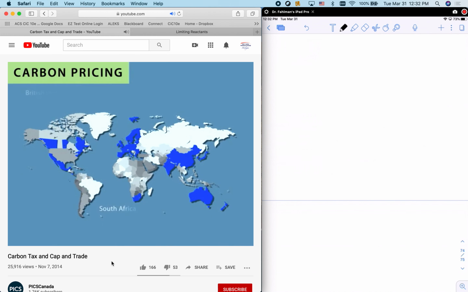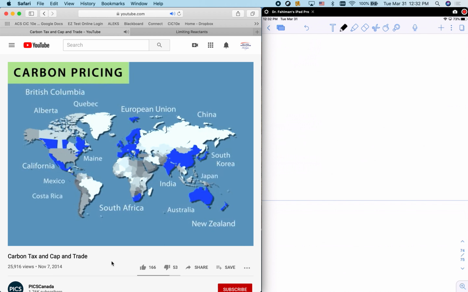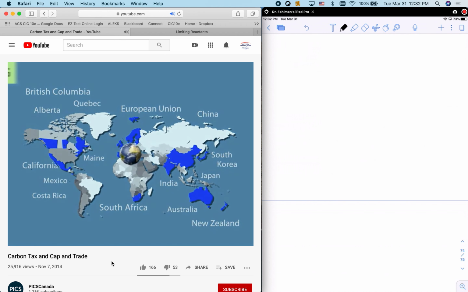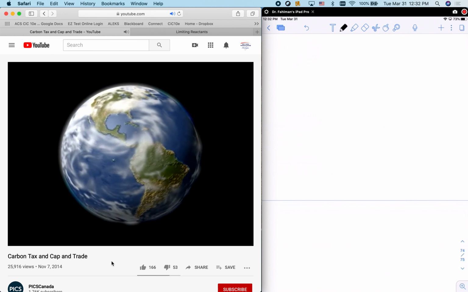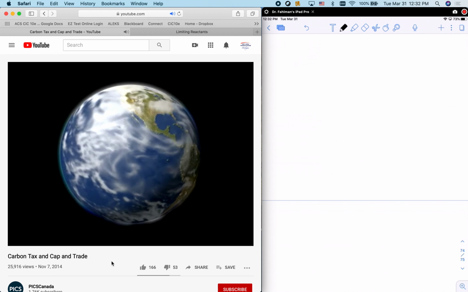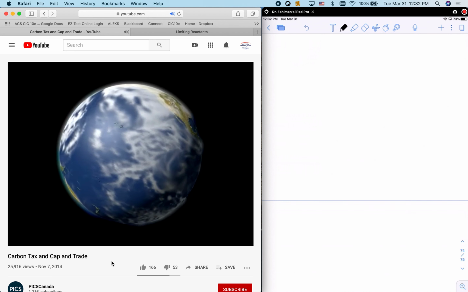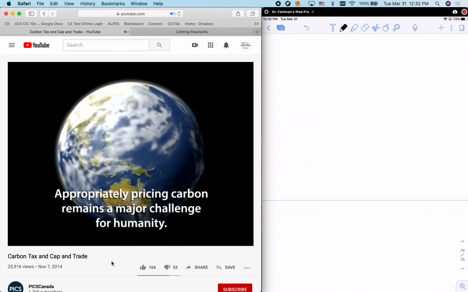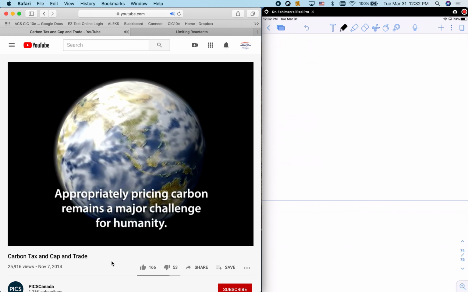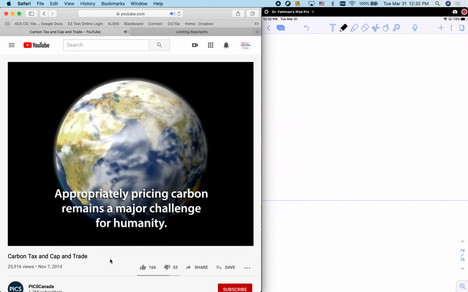By the end of 2013, it is expected that more than 30 countries and almost 20 subnational jurisdictions will have some form of carbon pricing in place. But while this trend is welcome, it is also insufficient. It still comes nowhere near to addressing the full external costs imposed on the planet by global warming. The need to appropriately price carbon thus remains a major challenge for humanity.